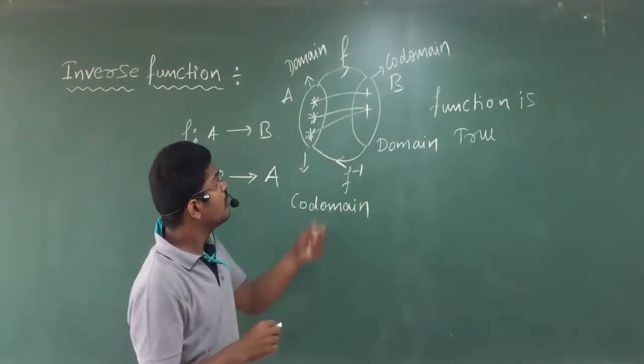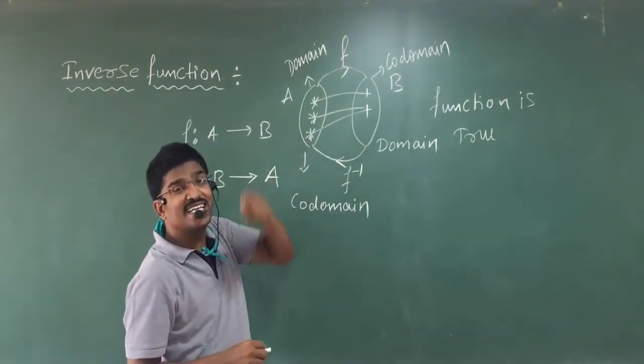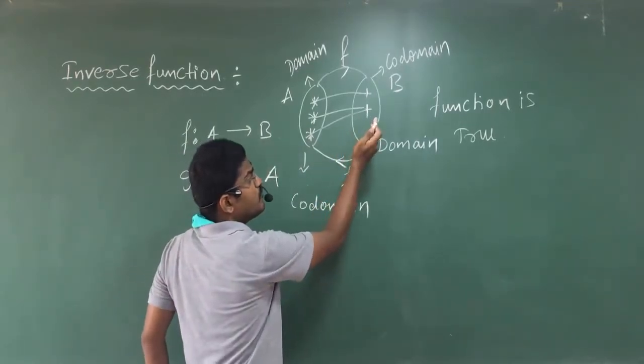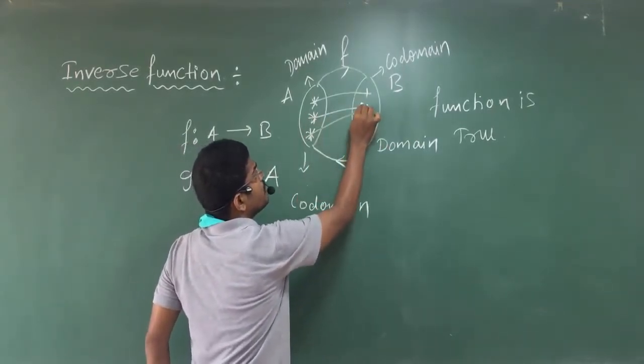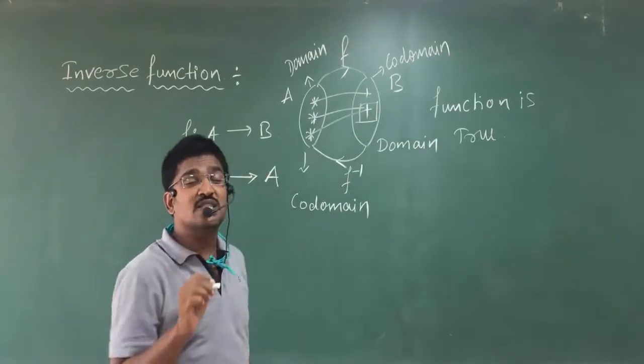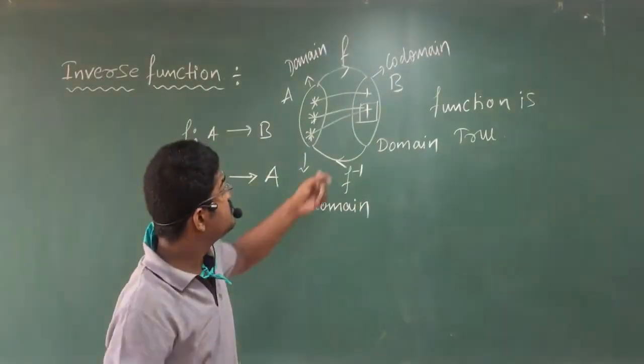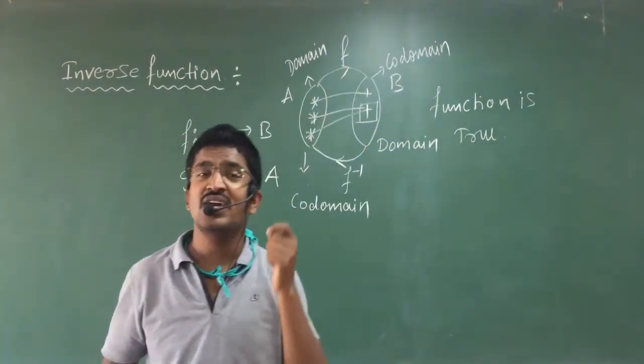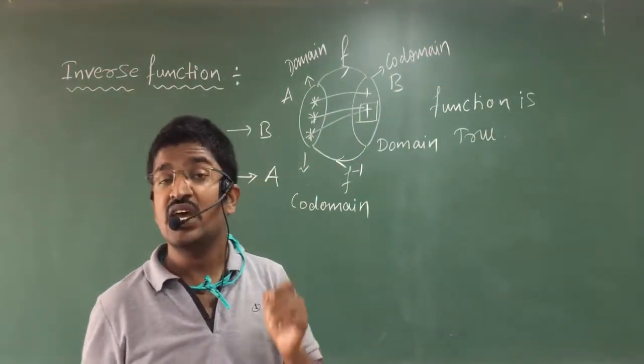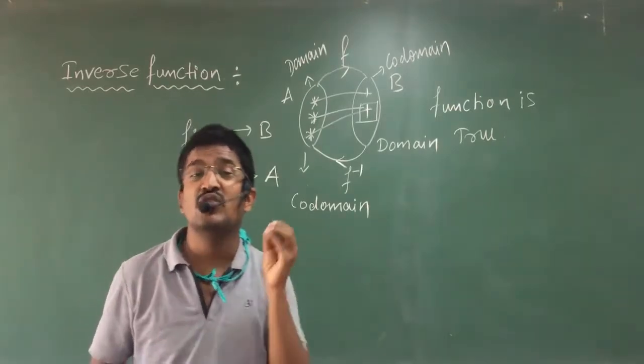But from B to A, let us see. While coming from B to A, this particular element is not having a unique image. So it can't produce an inverse function.